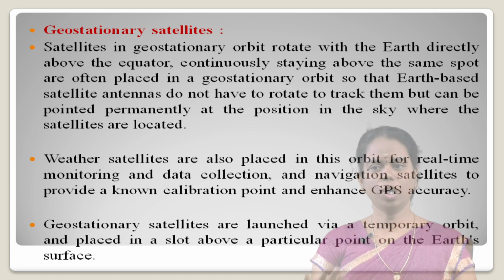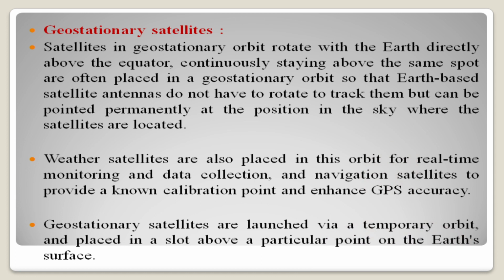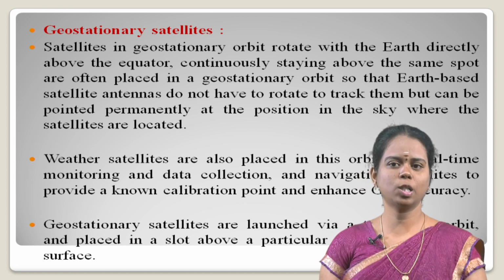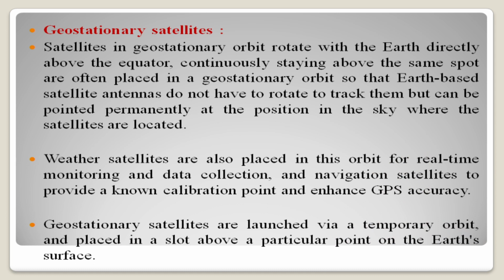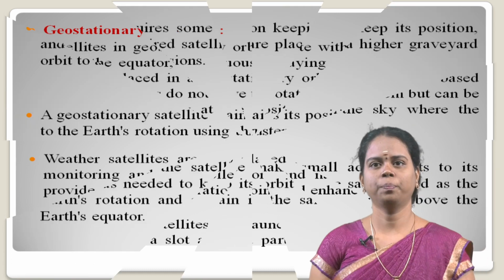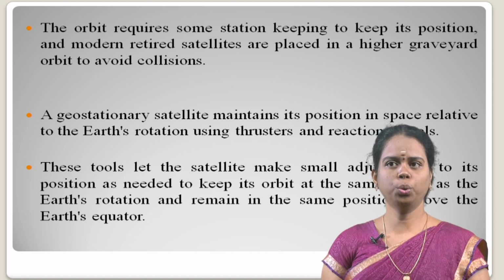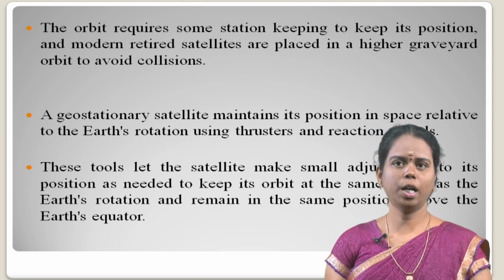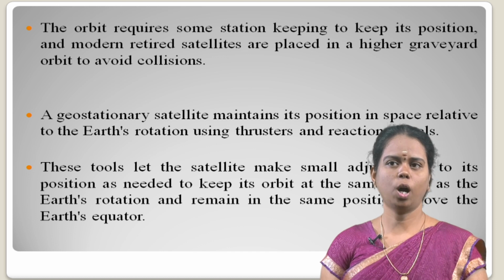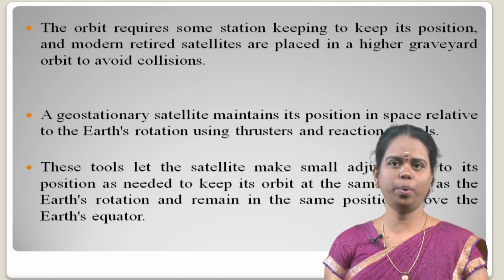Geostationary satellites are launched via a temporary orbit and placed in a slot above a particular point of the earth's surface. The orbit requires some station keeping to maintain its position, and modern retired satellites are placed in a higher graveyard orbit to avoid collisions.